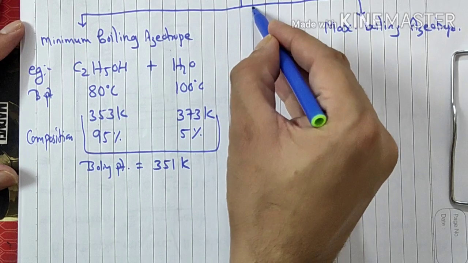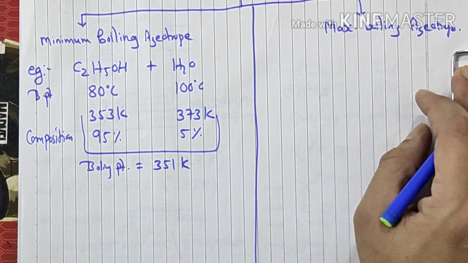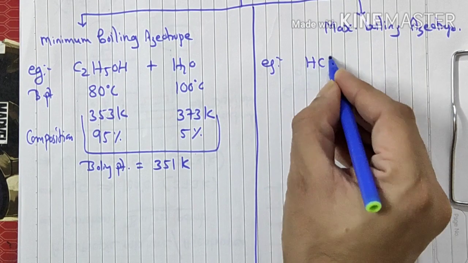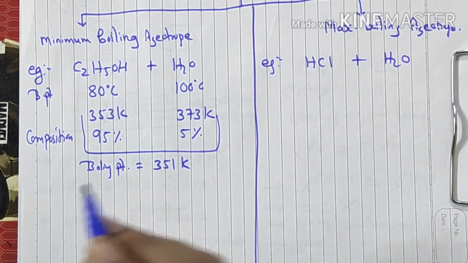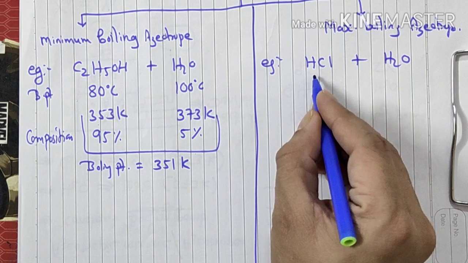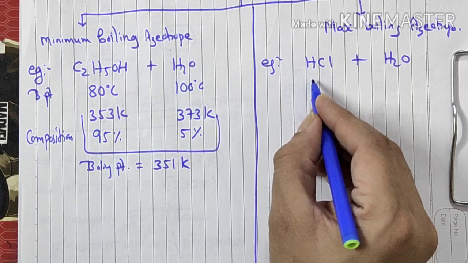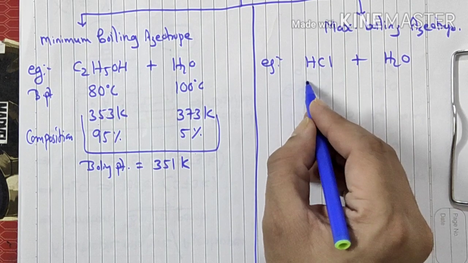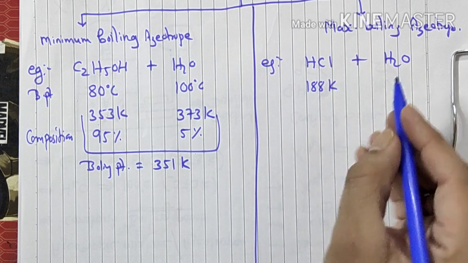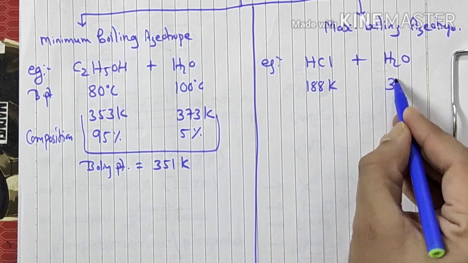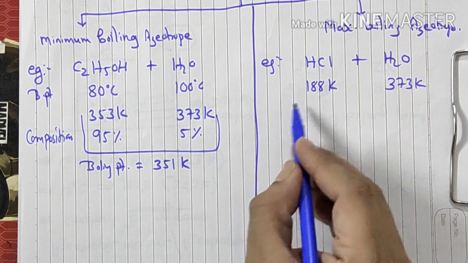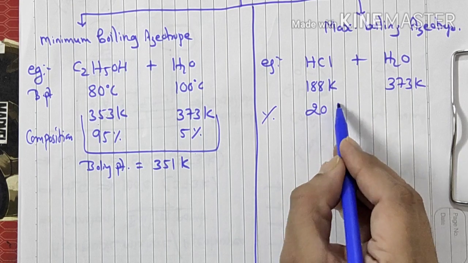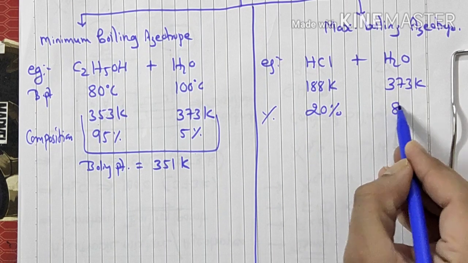Now here also we see the other example. For maximum boiling azeotrope, example is HCl and water. Right? Boiling point of HCl is, if I write in Kelvin, because if I write in degree Celsius it will be negative, so I write in Kelvin 188 Kelvin, and the boiling point of water we know 373 Kelvin, right? Composition or percentage, if I talk, okay, this I take in 20% and water I take 80%.